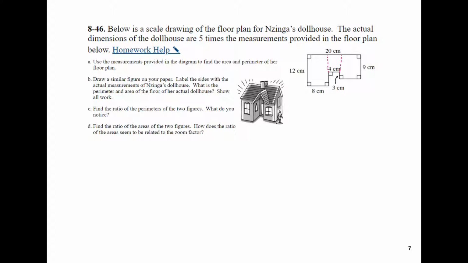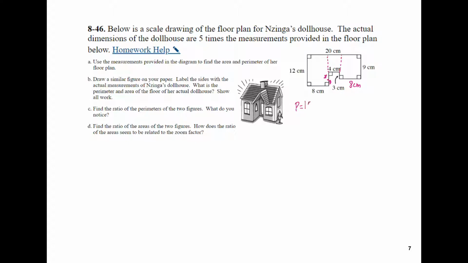If we know that this larger side is 9, we can subtract 9 from 12, and we can get this little piece is 3 centimeters. That also tells us, if we trace that over to here, that this piece is also 3 centimeters. If we know that our larger side is 20, when we subtract 8 from 20 and subtract 4 from 20, we get this piece to be 8 centimeters, and we now have all the dimensions to find the perimeter.